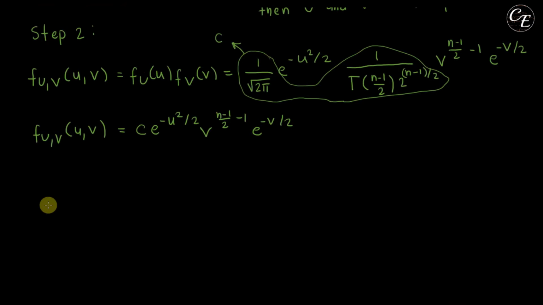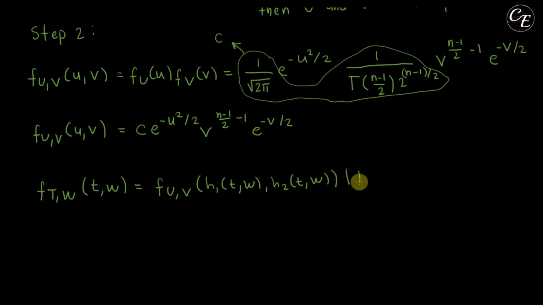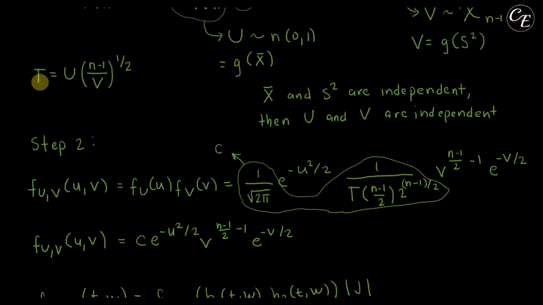So joint PDF in terms of T and W is equal to this joint PDF in here, but we need the expression of U in terms of T and W, which we designate as function h1 of T and W, and then expression of V in terms of T and W, which we designate as function h2 of T and W, and then Jacobian of these functions in here.